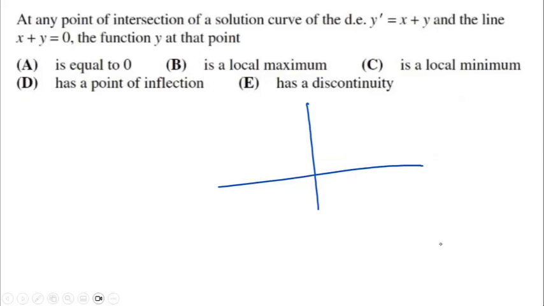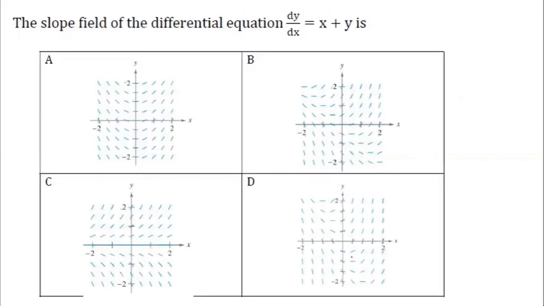So this is our y equals negative x. We can actually use the previous slide. So we'll draw again y equals negative x. This is the line that we were interested in.